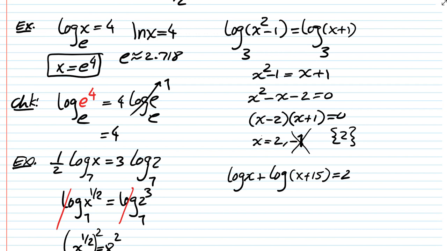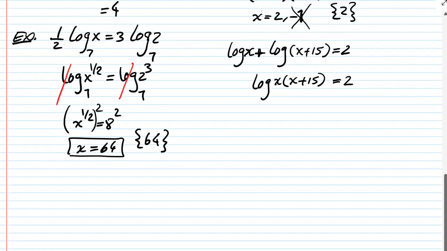So I need to combine the two logs on the left into a log of a single expression. A sum of two logs is the same as the log of a product, so I can write it as log of x times x plus 15, set equal to 2. And again, this is a common log because the base is 10. Let me put that 10 so you know it's there, but again, we don't typically write it.